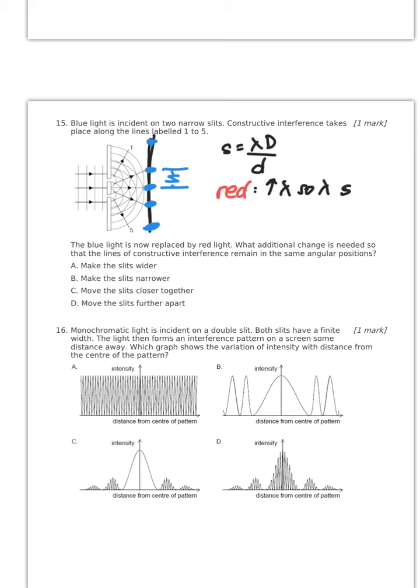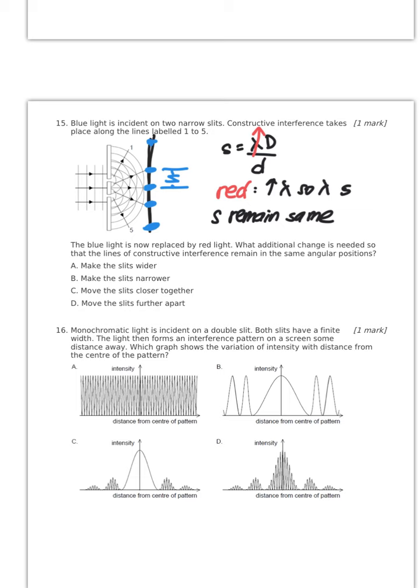But then it says, what additional change would be needed to make those lines of constructive interference remain in the same angular positions, or in other words, in order for S to stay the same. So basically, by using red, we increased the wavelength, which would increase S, but now I want S to stay the same, so I'm going to need to do something to the distance to the screen or the separation between the slits.